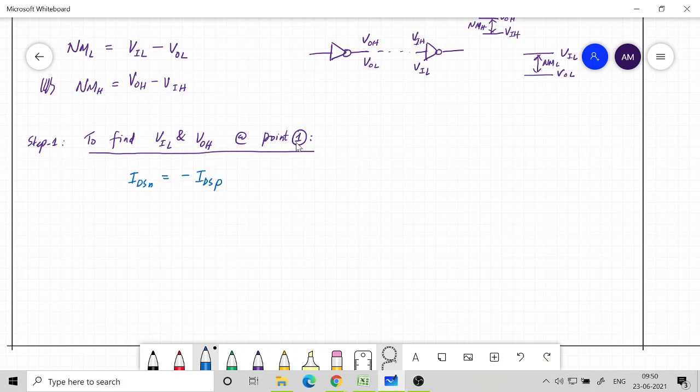It is the same current equation, but now I am going to do this for a long channel device. NMOS is going to be in the saturation region, as I told you, that is region 2. We are looking at region 2 in the first figure.